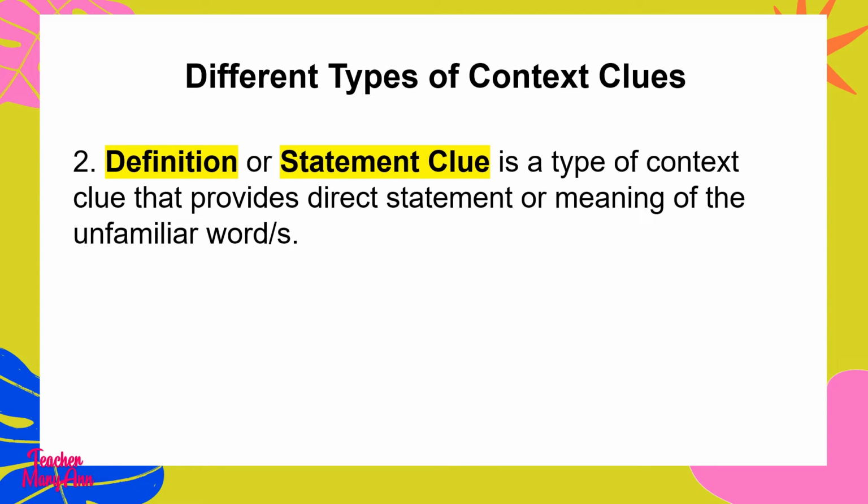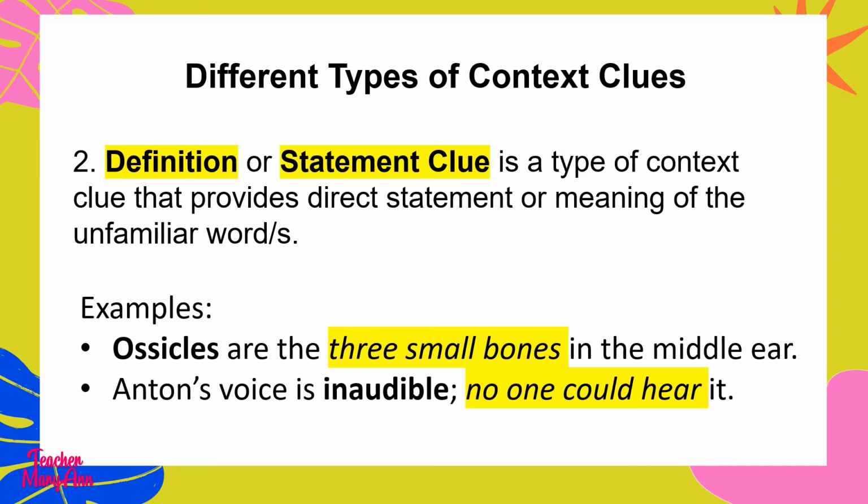Another type of context clue is definition or statement clue. It is a type of context clue that provides direct statement or meaning of the unfamiliar words. Example: Ossicles are the three small bones in the middle ear. What is the meaning or the definition of ossicles?